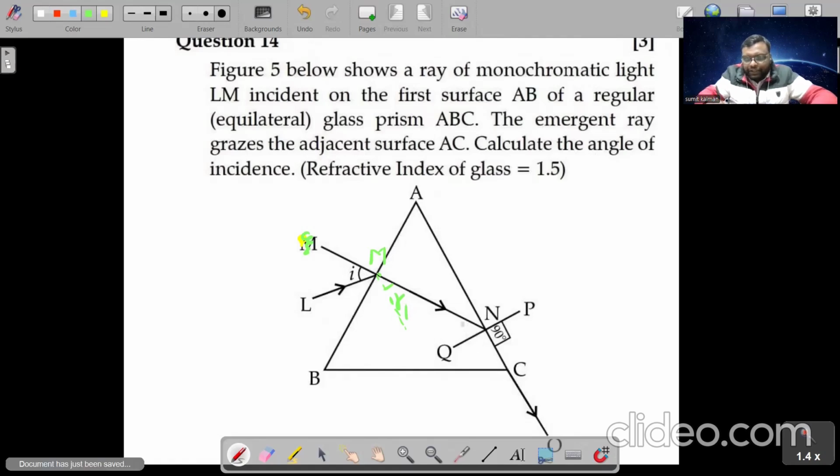And students, here it is angle R2. R2 is the angle of incidence at the surface AC. And here the emergent ray is grazing along the adjacent surface AC. Here angle of emergence is 90 degree.